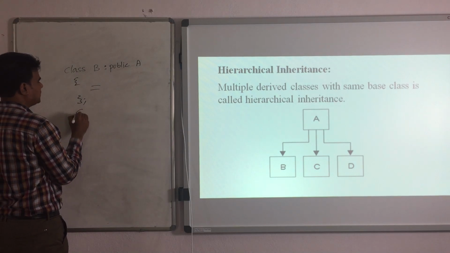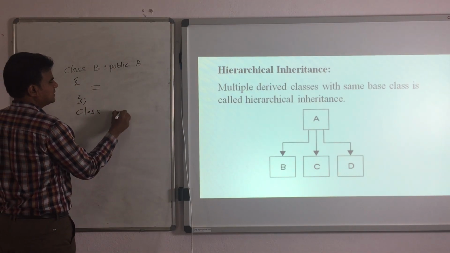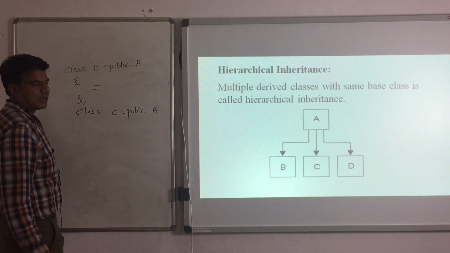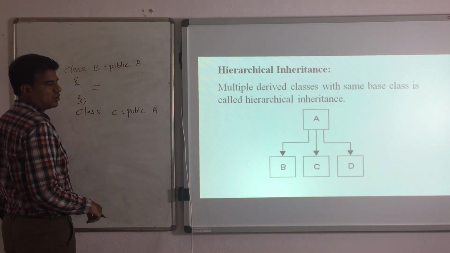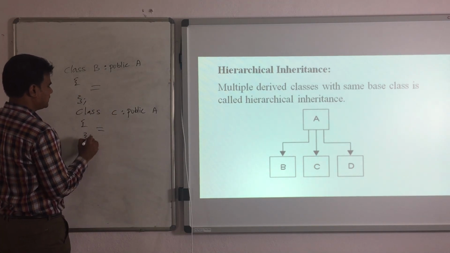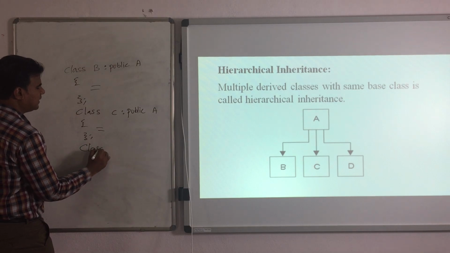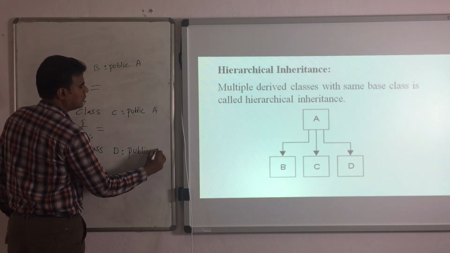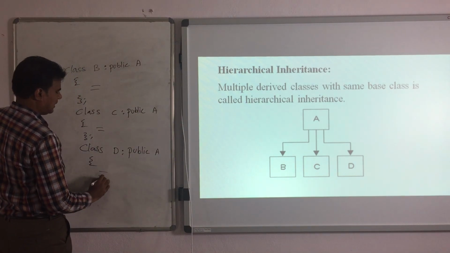Next, for C's definition, class C colon public A. Again we use A only, because from A only we are deriving B and C. Here you put the definition of class C, then class D colon public A, like this.